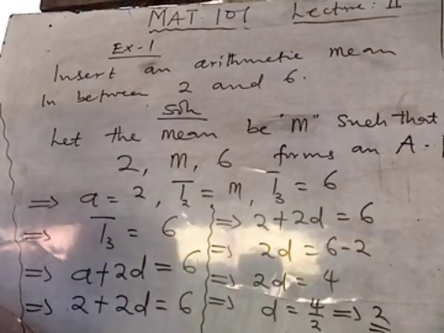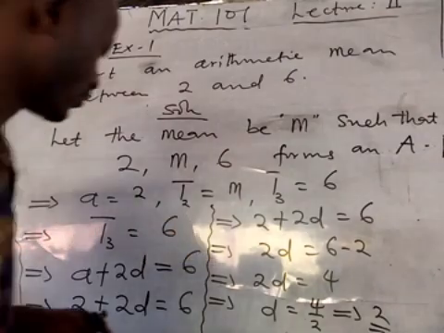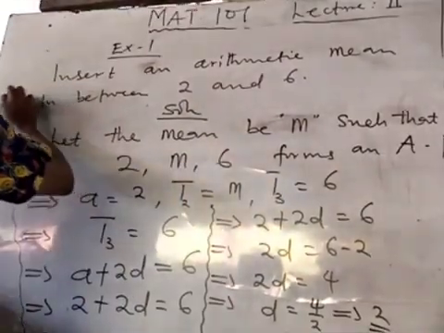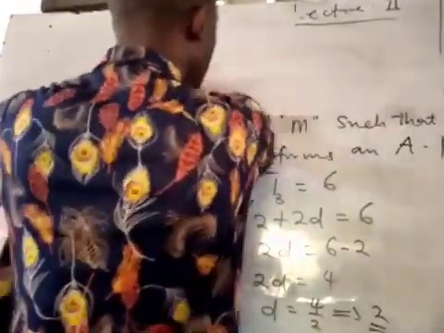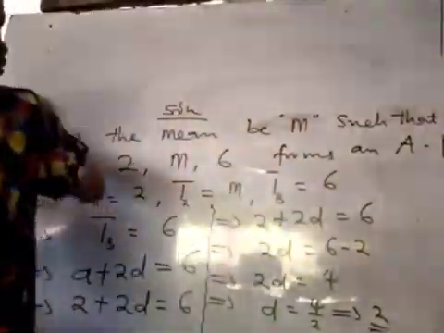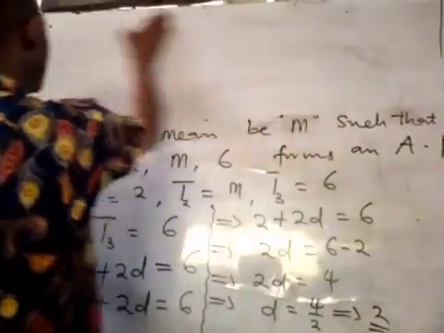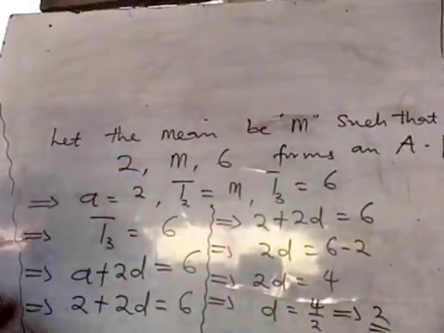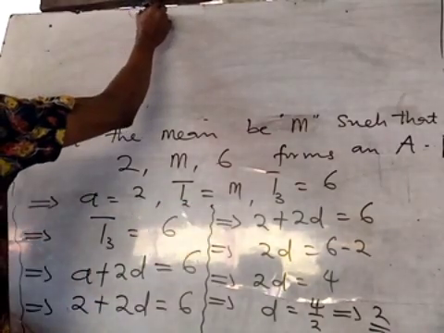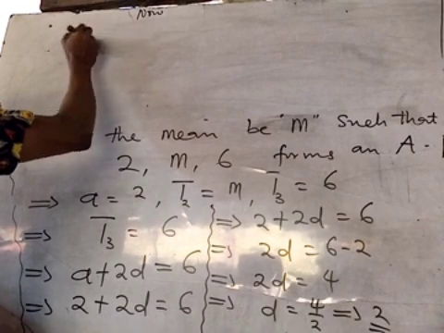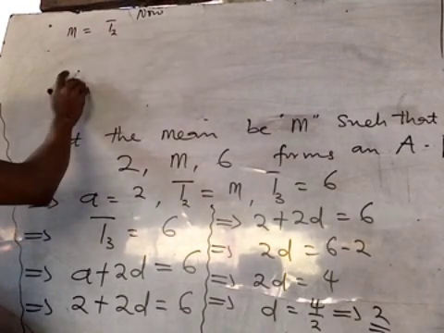Now, I have to rub some part of the board, so let me clean up these parts. All right. So now the second term is m. Our m we are looking for is the second term, t sub 2.